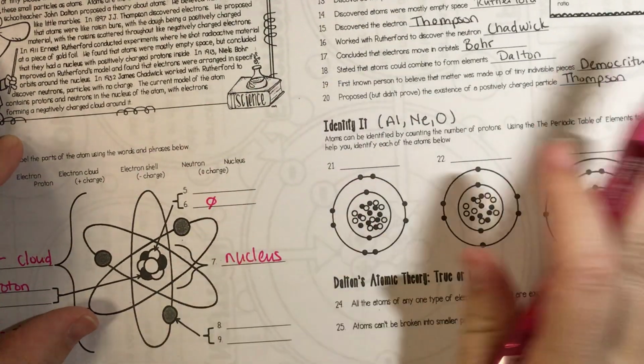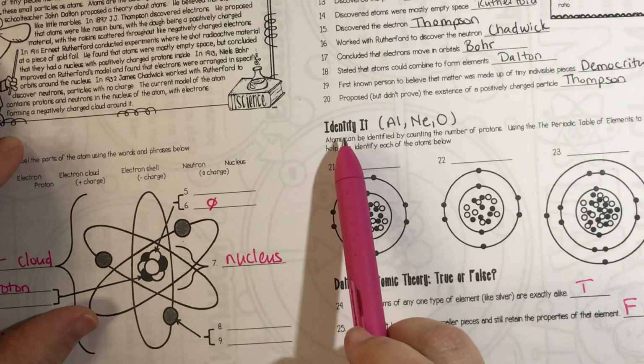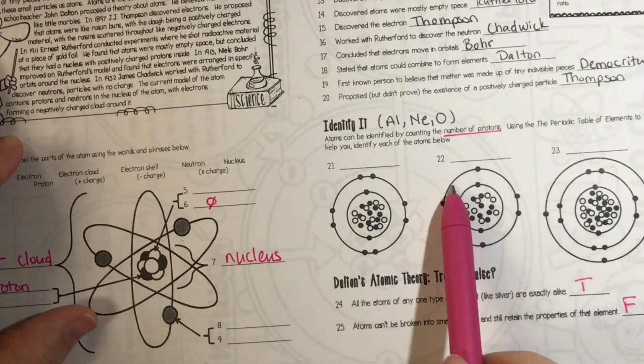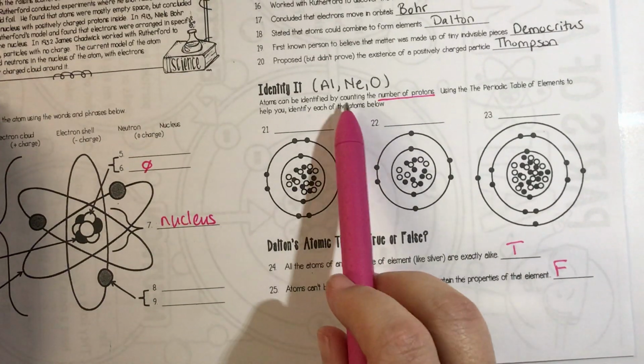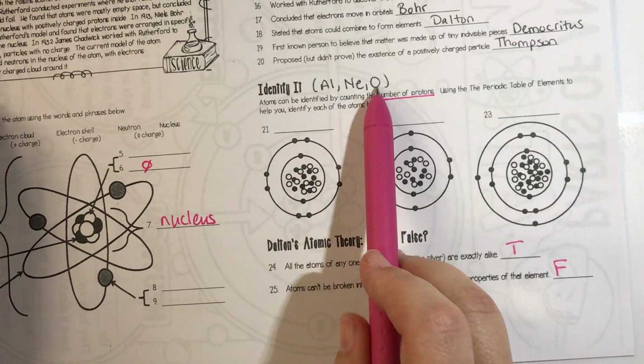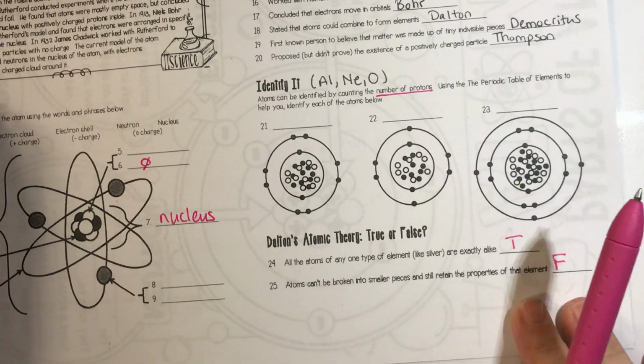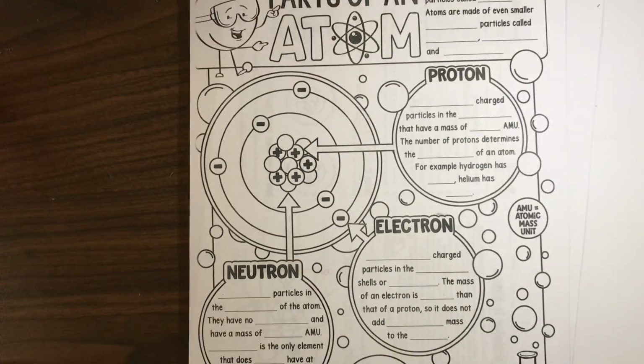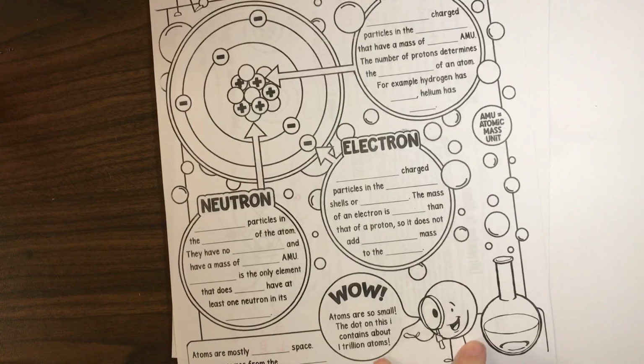10 through 20 you don't have to do because I already did it for you. 21, 22, 23, you're going to use, it's either aluminum, neon, or oxygen. You're going to count the protons and figure out which one is which. And then on the back, there's a key that will get loaded to Canvas that'll let you see what you're doing.